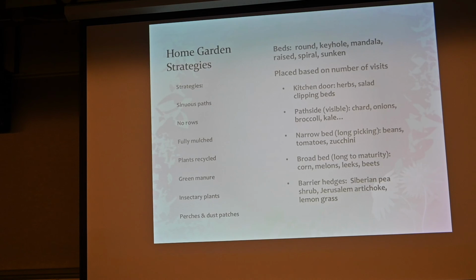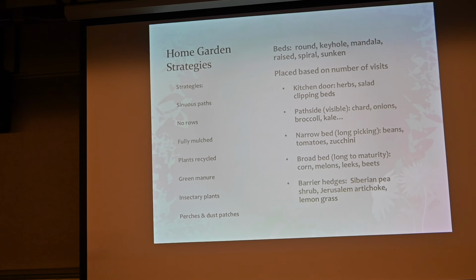Practical strategies. Home garden. So these are some of the things that you can do in a home garden. Beds, you have a choice of different types of beds, and you can place them based on a number of visits. I found this information really interesting because it was a different way of thinking about where I'm going to plant things.